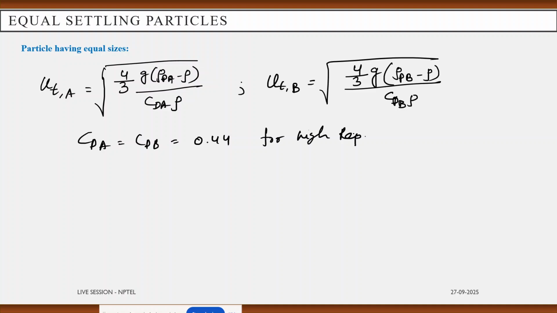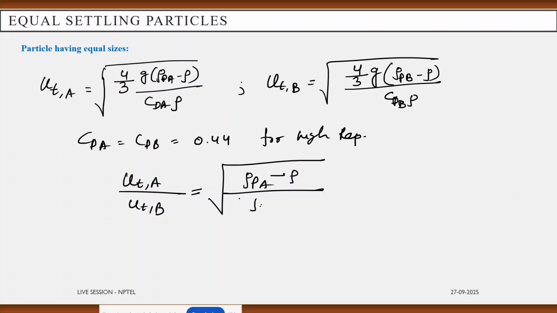So for this case, the simple settling ratio will be root over of rho PA minus rho and rho PB minus rho.